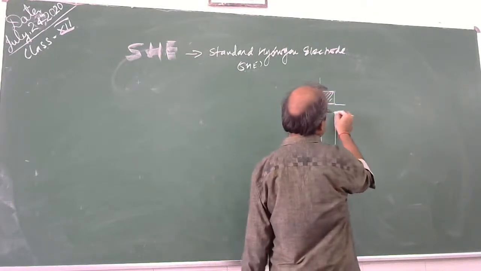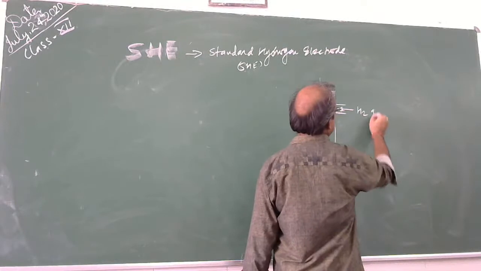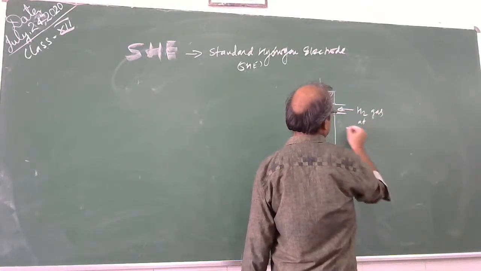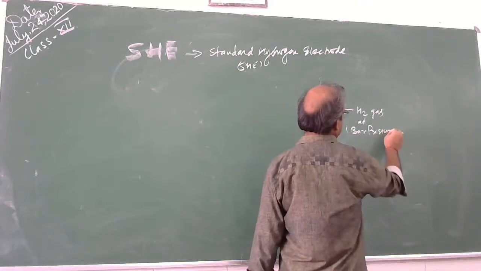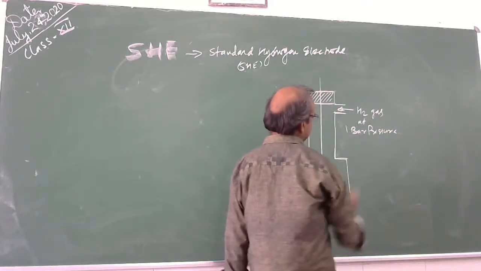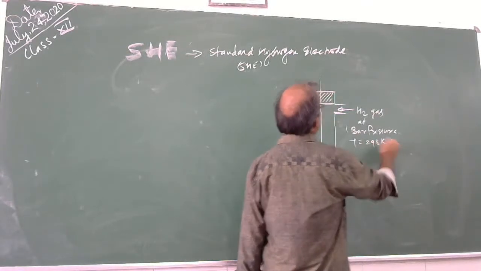From this opening there is a passage of hydrogen gas at 1 bar pressure and temperature of 298 Kelvin.